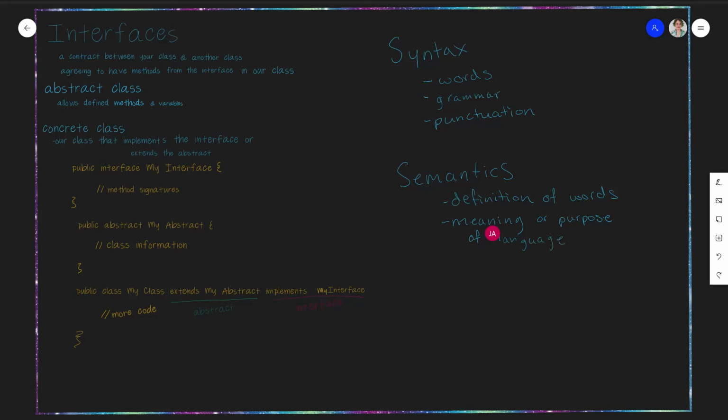And this is true for programming as well as for actual grammar rules in like an English course, right? We have these two different things. We have syntax and semantics, and they kind of work against each other. Syntax allows us to put structure to what we write, and semantics allows us to put meaning to what we write.